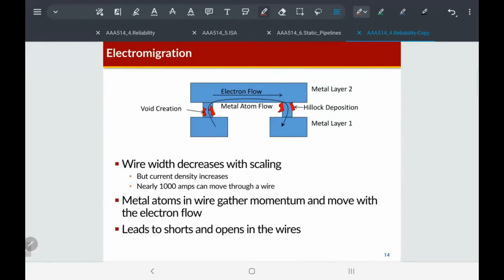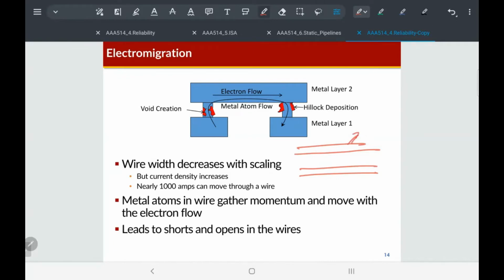Electromigration is that the wire is metal. You can make wires with metal, so that means these are conductors. Conductors means that these wires include many free electrons.